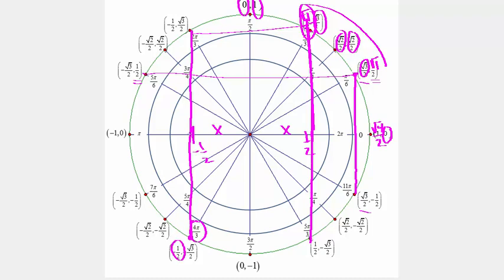Okay, now for y values, you know that this would be symmetric. This point down here at 4 pi over 3 would be symmetric all the way up with this point, which you could translate over with this point. Okay, so the vertical value of this third point at pi over 3 in quadrant 1, we know it's square root of 3 over 2.